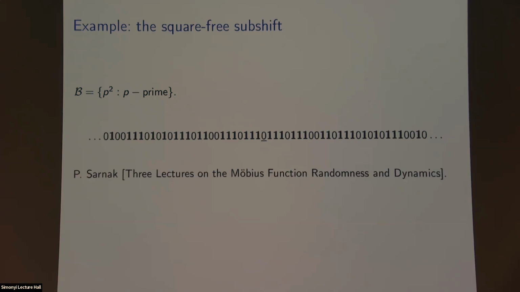This has been considered by Peter Sarnak in connection with the Mobius function. And in particular, he proved that in the case of the square-free subshift, the B-free subshift coincides with the B-admissible one. And he also calculated the topological entropy of the system.